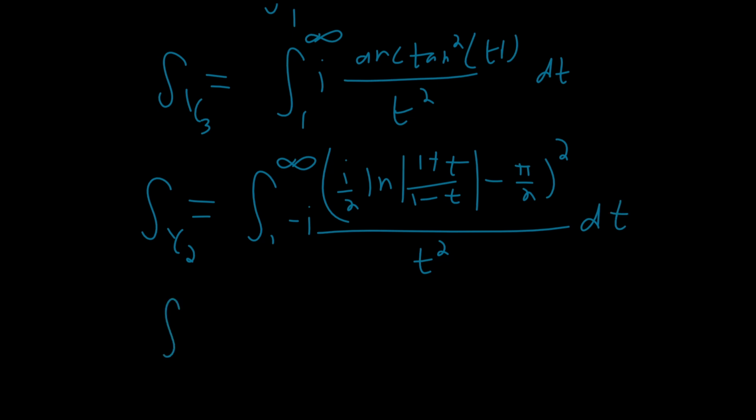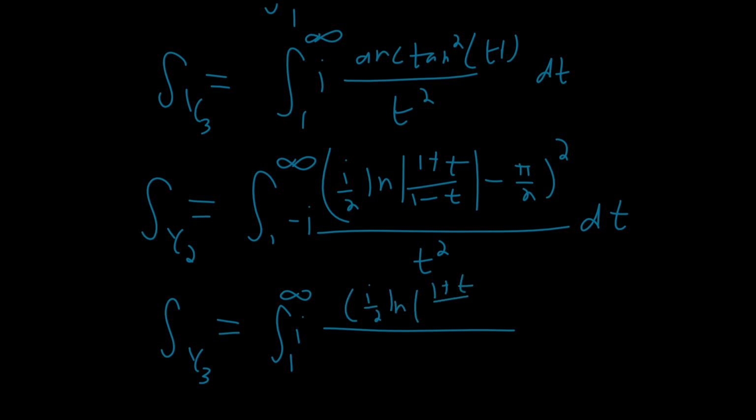And then for gamma 3, we have a very similar thing. We're going to have the integral from 1 to infinity, don't forget the i, of i over 2 natural log of the absolute value of (1 + t)/(1 - t) plus pi over 2, all squared over t squared.